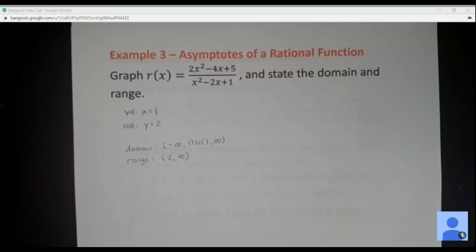Okay, and what are we going to factor? Good. So we know the denominator can't be equal to 0, right?